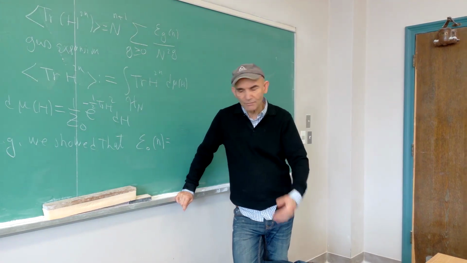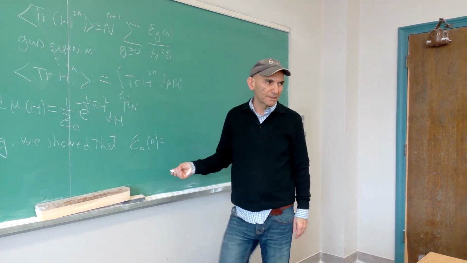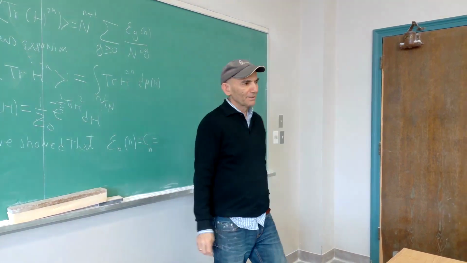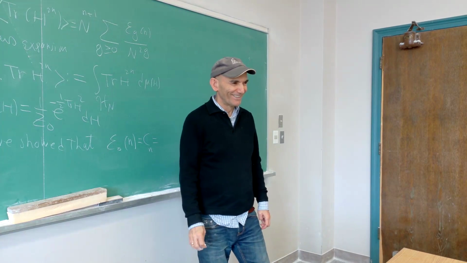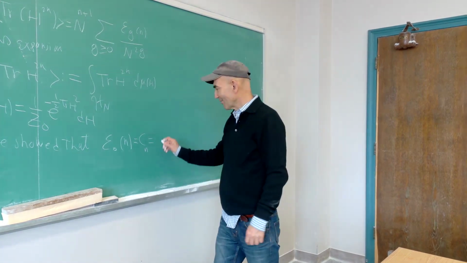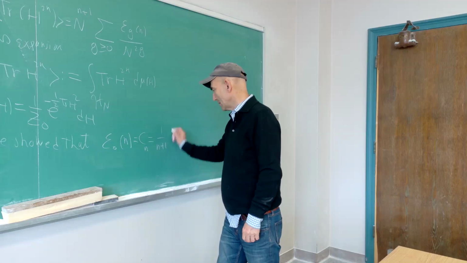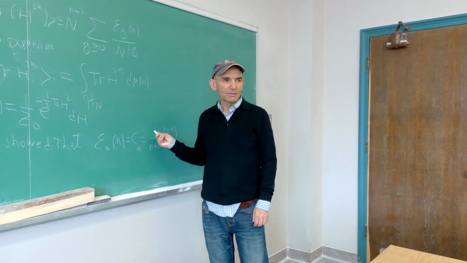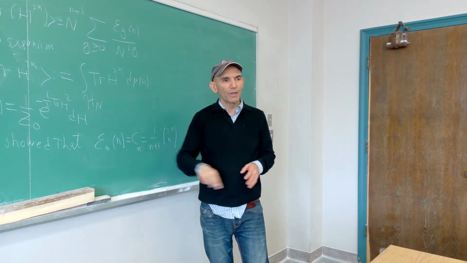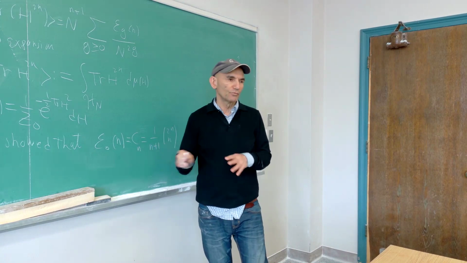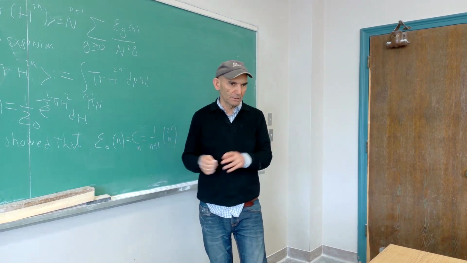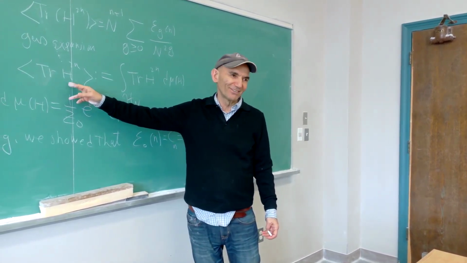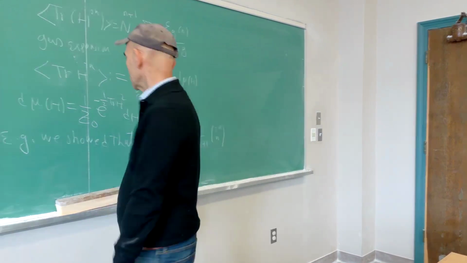The number of ways you get a sphere is the Catalan number Cn. That's what we saw. Do you remember the Catalan number? It is 1 over n plus 1, 2n choose n. And as you remember, this was also used to prove Wigner's semicircle law, because these are exactly the moments of the semicircle law also.